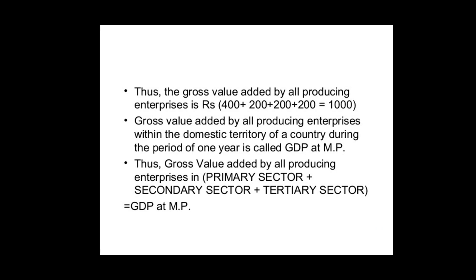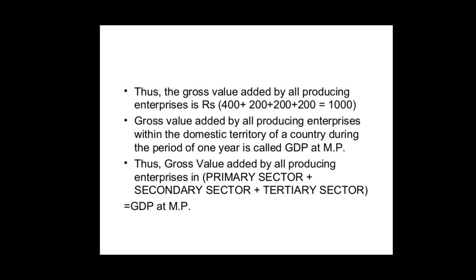Students, gross domestic product at market price in an economy by using the value added method is equal to the gross value added by all the sectors of the economy. That is gross value added by the primary sector, by secondary sector, and by tertiary sector.